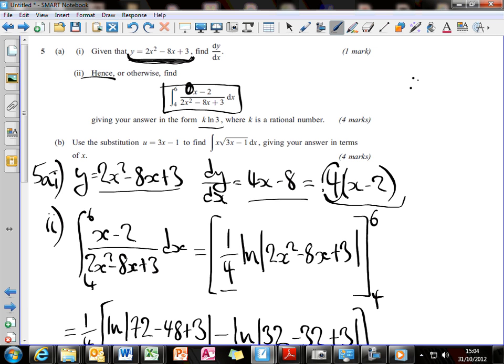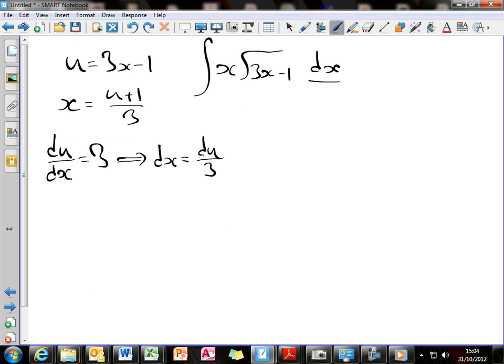Now there's no limits on this integral, so it's an indefinite integral. So I'm just going to change the x's up here to u's. I'm going to keep that x there for the moment, but the root of 3x minus 1 is now going to be just the root of u.